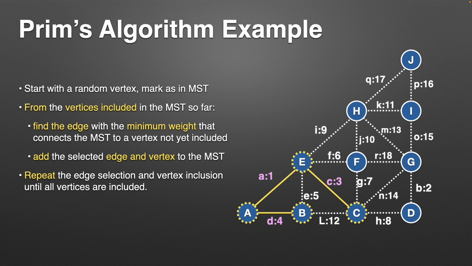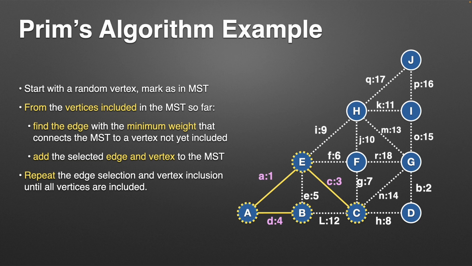So now when we look, what is the lowest weight edge that we find? So F is the lowest weight edge that we can use. The lowest weight edge is technically E here, right? It's 5.